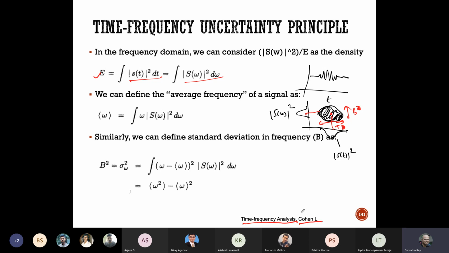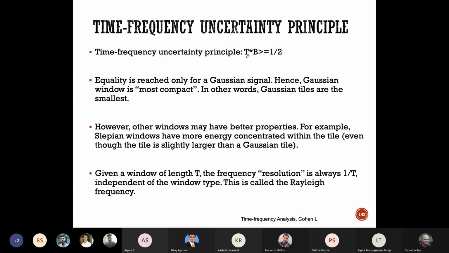The time frequency uncertainty principle is this: the product of the standard deviation in time and the standard deviation in frequency is always greater than or equal to half. It can't be less than half.